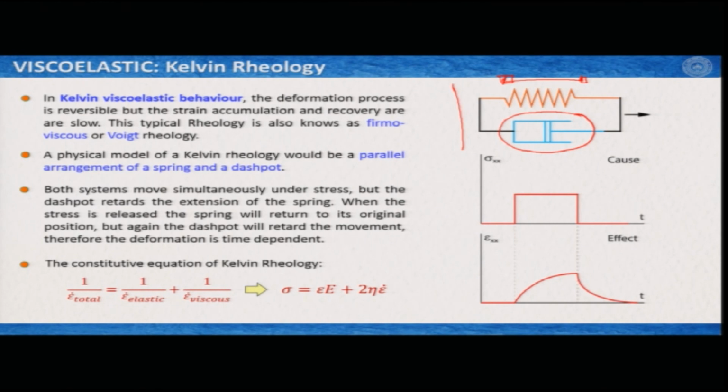Both the spring and the viscous dashpot move simultaneously under stress, but the dashpot retards the extension of the spring. When the stress is released, the spring will try to return to its original position very quickly, but again the dashpot will retard this movement. Therefore, the deformation is time dependent, though the entire deformation is recoverable.